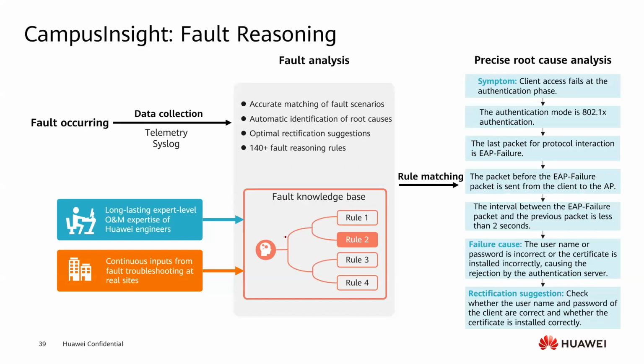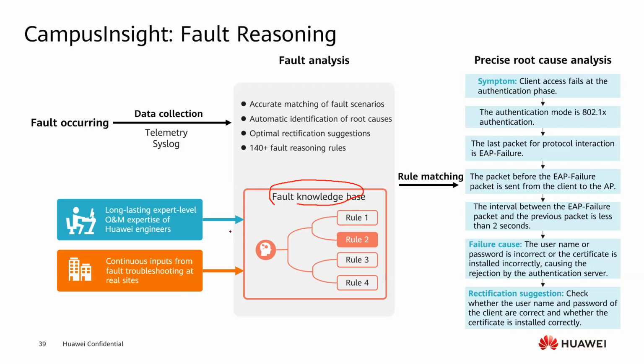And this is the process for the Campus Insight to analyze the problems. Firstly, it needs to establish the fault knowledge base database based on the long-lasting expert-level O&M expertise of Huawei engineers, and also the continuous input from fault troubleshooting at real sites.